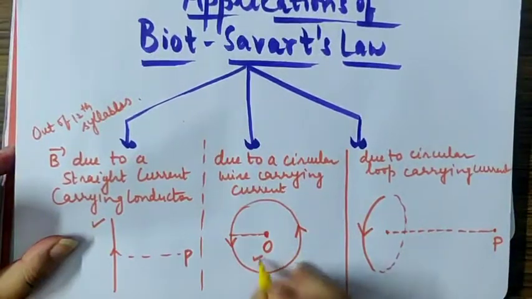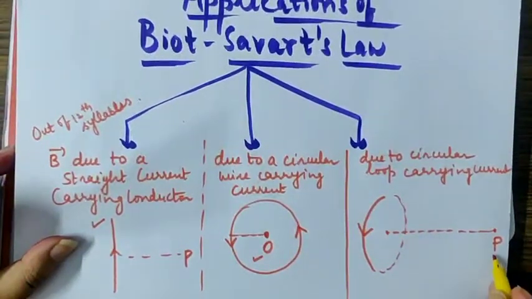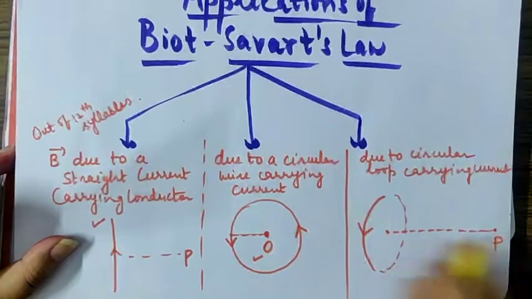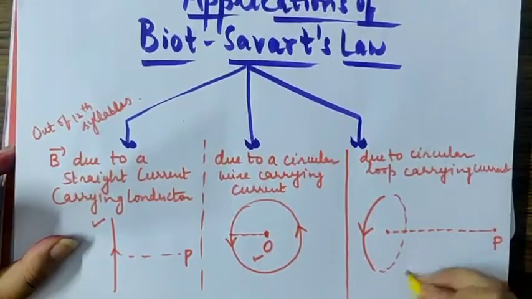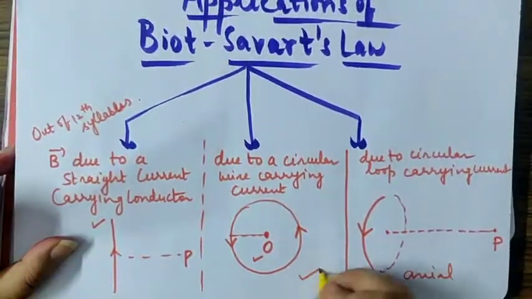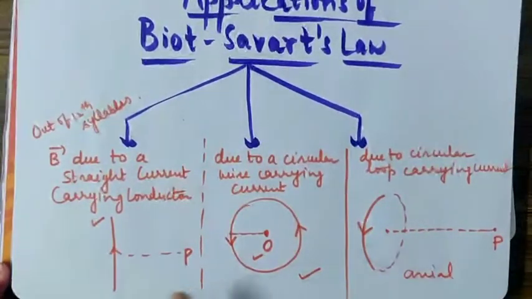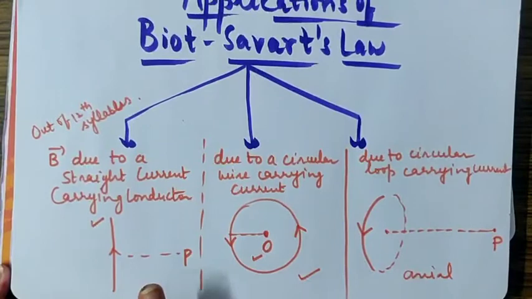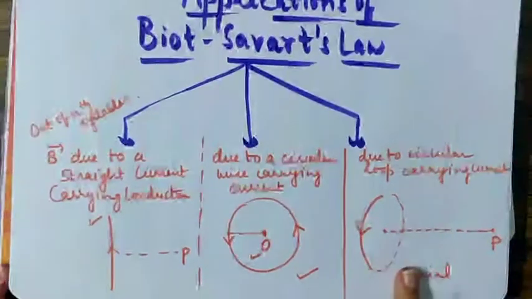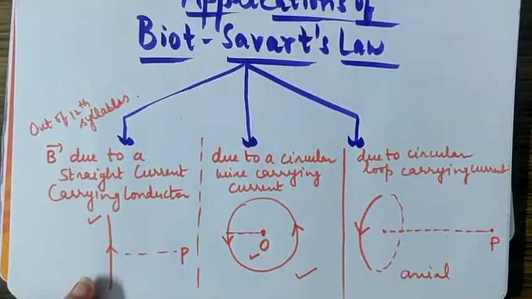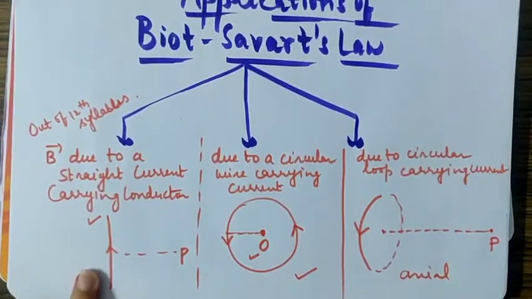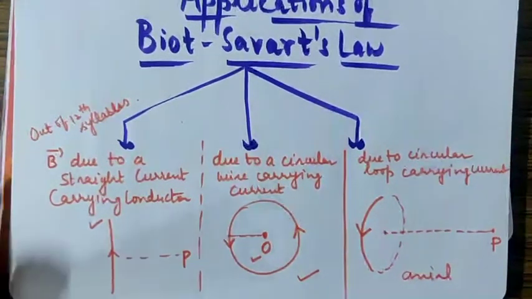If the point of interest is the center, then this diagram; if the point of interest is on the axis, then this diagram. So these three are the applications of Biot Savart's law. We'll discuss these two applications in the videos and we'll just learn the formula for the other application. Thank you.